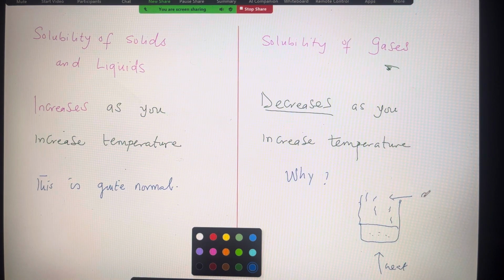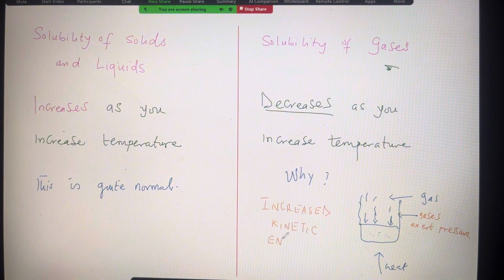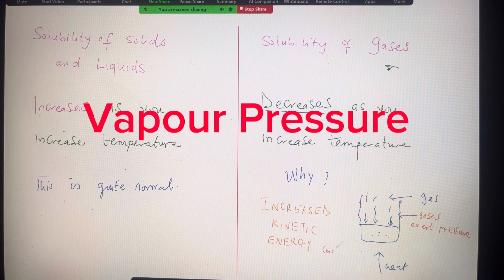So the question is, why? Now imagine this, you have this beaker, right? And then some gas molecules are inside this beaker. Probably they were in the liquid form before, and then you heated, it became gas, yes. And then gases, basically, when they go up, they tend to exert pressure on the liquid. That's what we call partial pressure and stuff like that.